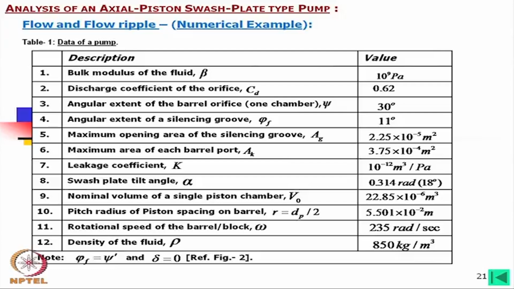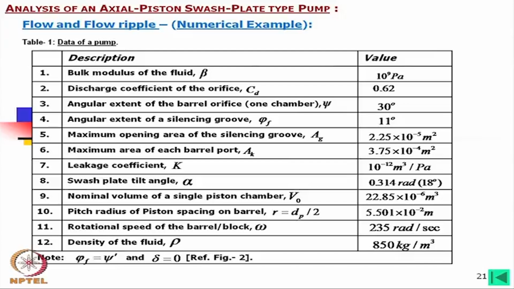Usually we design the orifice to have a coefficient of discharge equal to 0.62. However, as I told, depending on the pump manufacturers, they can define what coefficient of discharge we should consider, or we can find it experimentally in the laboratory.